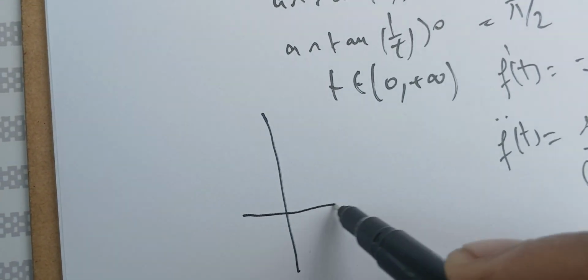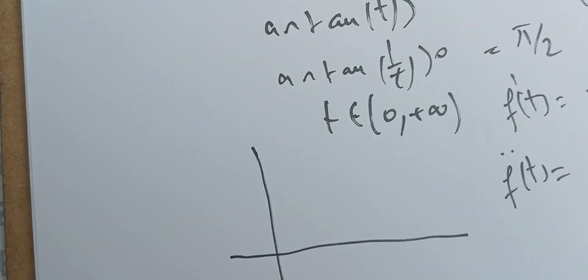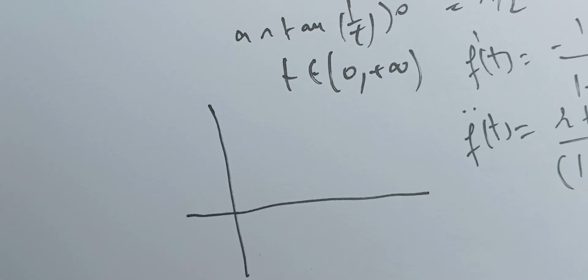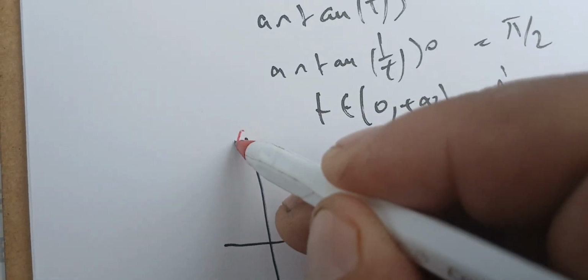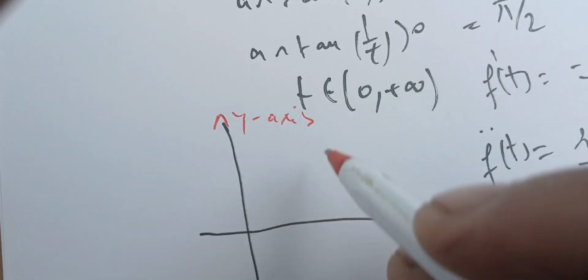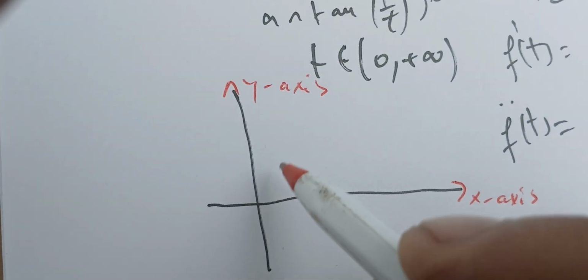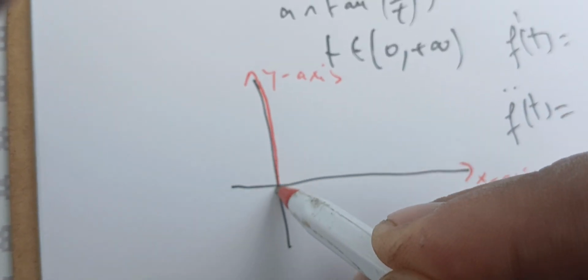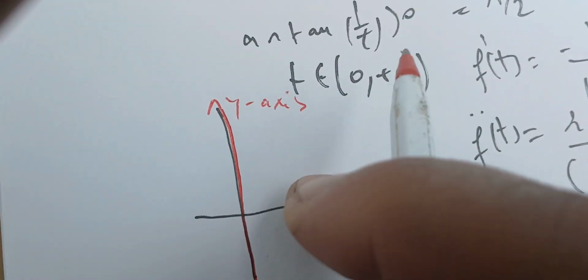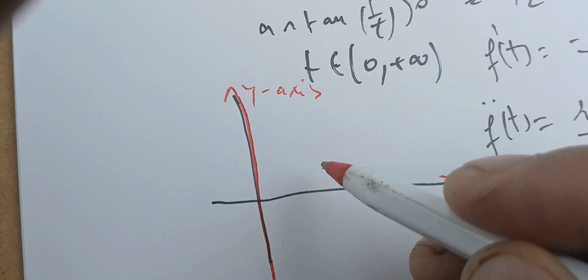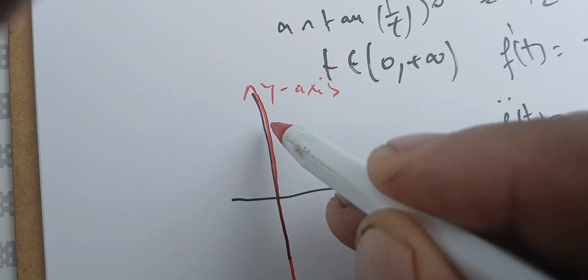We said that it's positive. Let's write x and y. Here it's not defined when x is 0, that means this is a vertical asymptote. When we get closer to 0 from the right, we reach pi over 2.